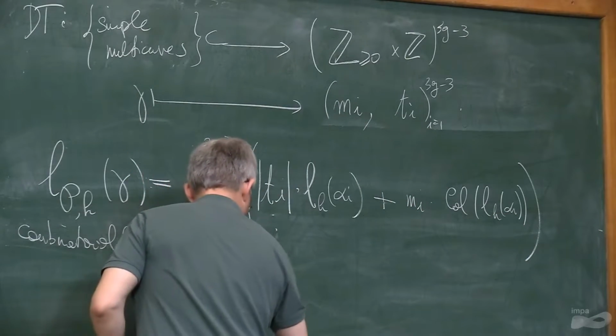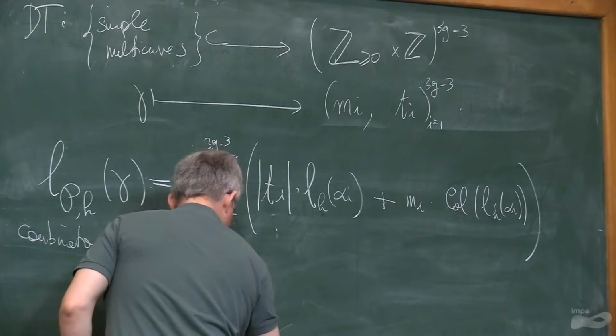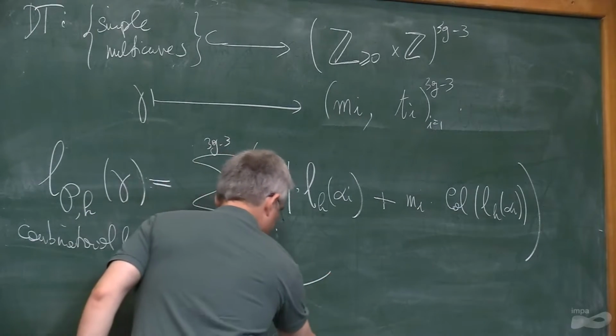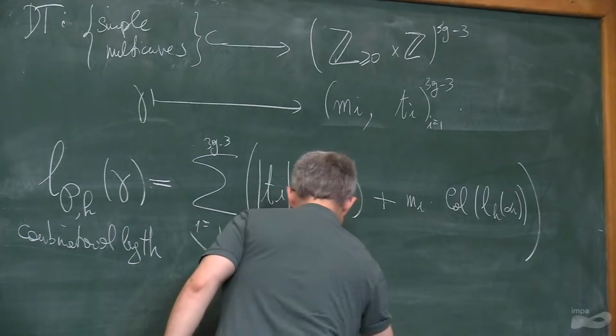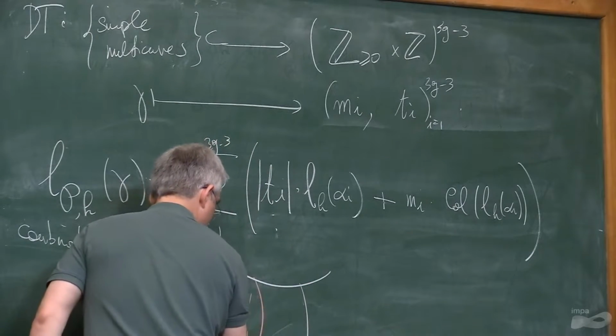So the picture is this. If you have alpha i, then you have something like this, and then you have a standard collar.